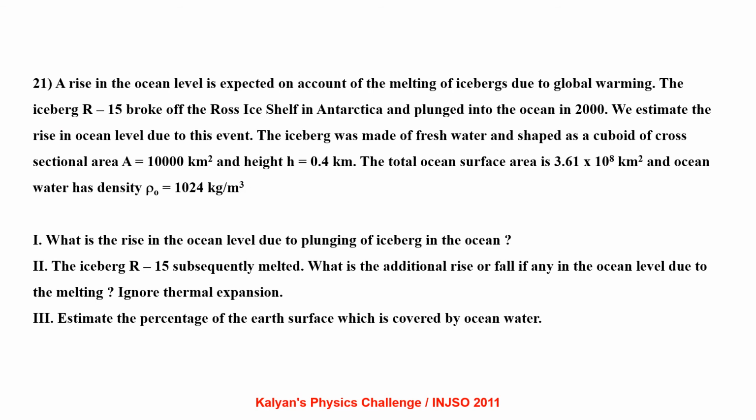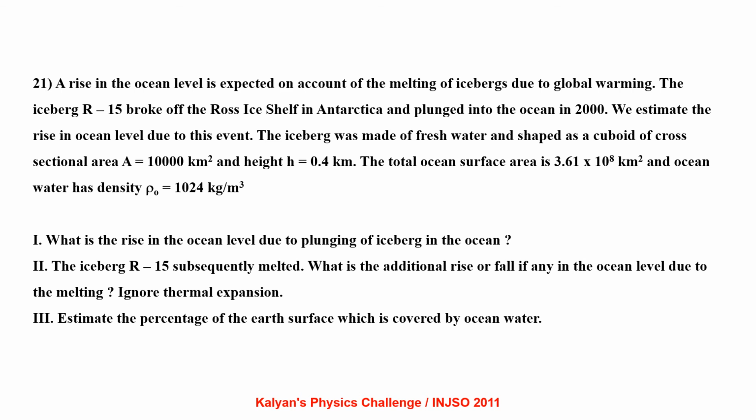A rise in the ocean level is expected on account of the melting of icebergs due to global warming. The iceberg R15 broke off the Ross ice shelf in Antarctica and plunged into the ocean in 2000. We estimate the rise in ocean level due to this event.